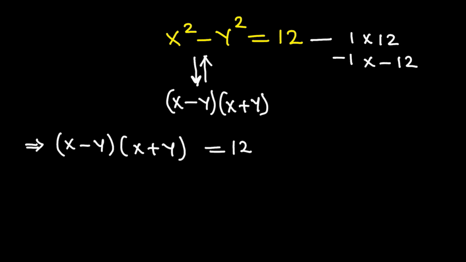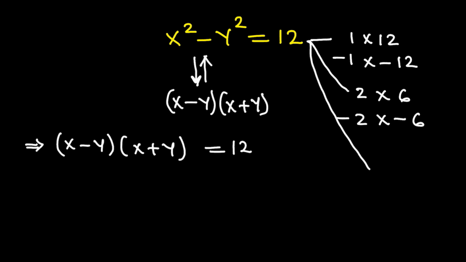We can also express it as a product of 2 and 6, or negative 2 and negative 6. Or we say 3 and 4, or negative 3 and negative 4. These are the only three possible combinations for 12 that we can have.